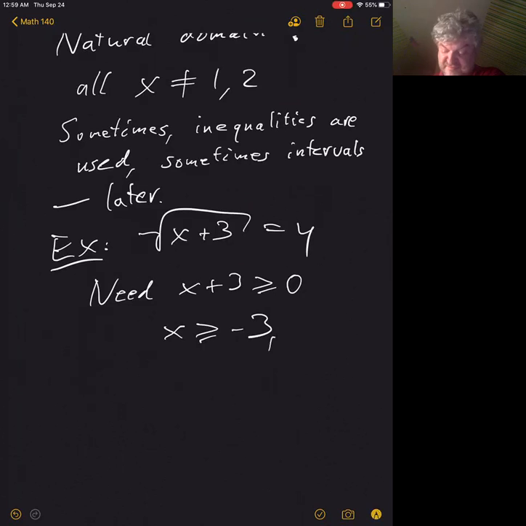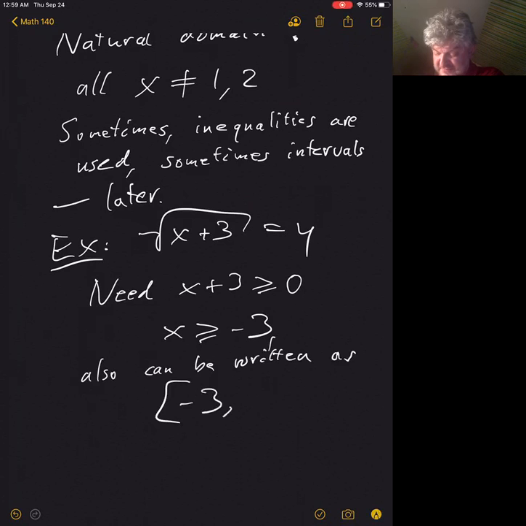And we can also write that as an interval. So there's my thing with inequalities, sometimes intervals. Closed interval starting at -3 and going all the way the rest of the number line to the right. This is how you write that. And that 8 lying on its side is the symbol for infinity. What does it mean?